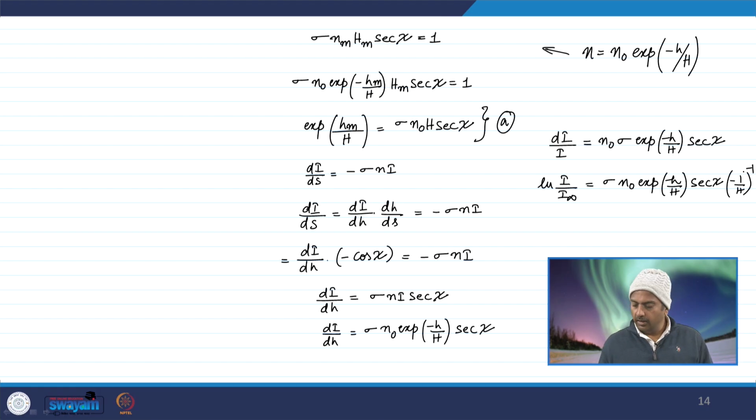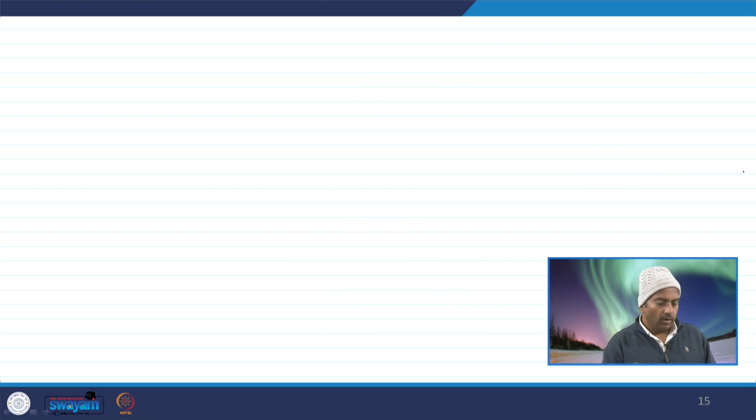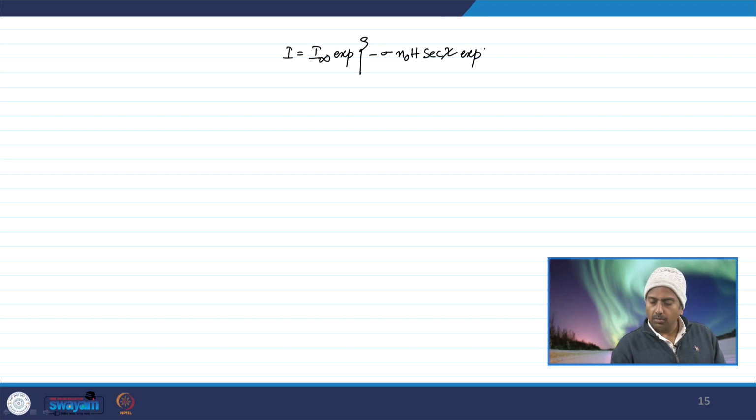Just integrating this, we got that. So, intensity I is equal to I infinity exponential of minus sigma n naught capital H secant chi exponential minus h by H. What I have done is very simple.